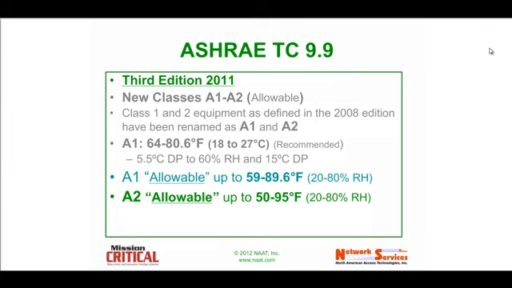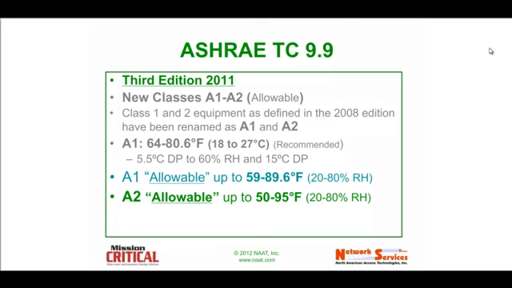degrees Fahrenheit. And notice also that in both A1 and A2 allowable, our permissible humidity range is 20 to 80% non-condensing relative humidity. A radical difference from the proverbial target of 50% RH plus or minus 5%.